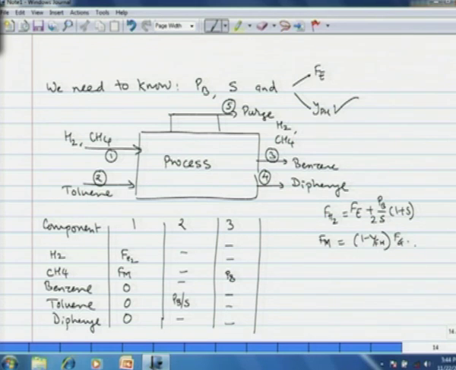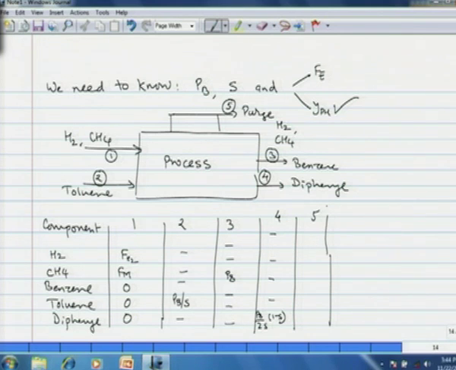Then number 4 stream, which is diphenyl, contains diphenyl, which is Pb divided by 2S into 1 minus S, and no other component. And number 5 stream contains hydrogen, which is excess hydrogen, and methane, the methane that comes with the fresh stream plus the methane that is generated in the process, and no other component.